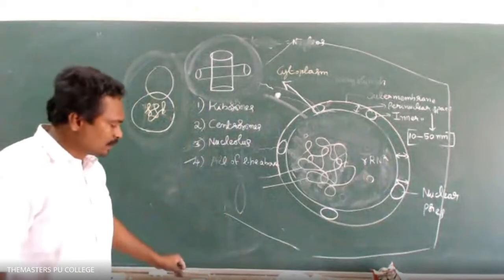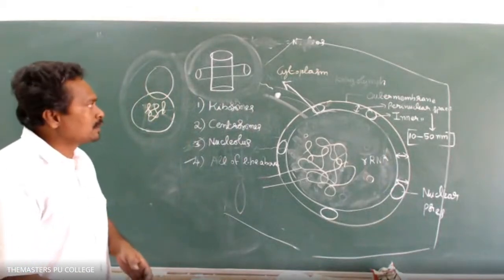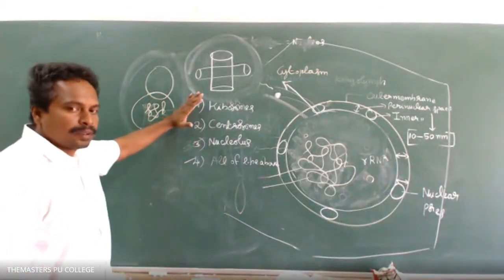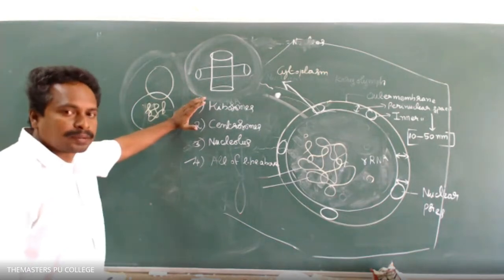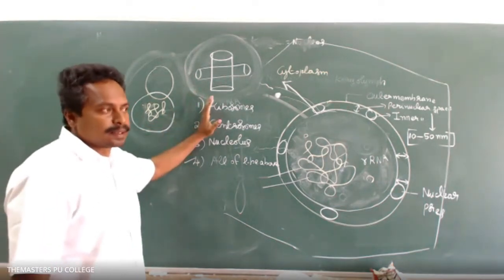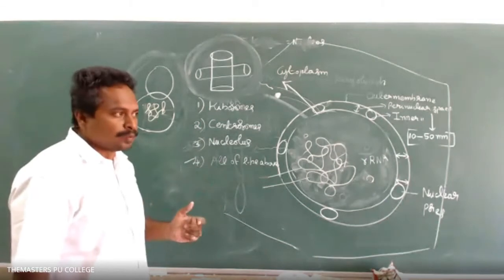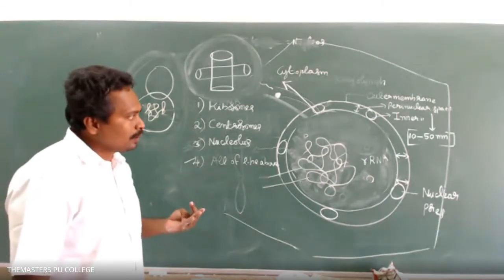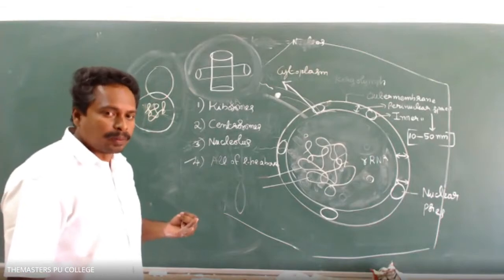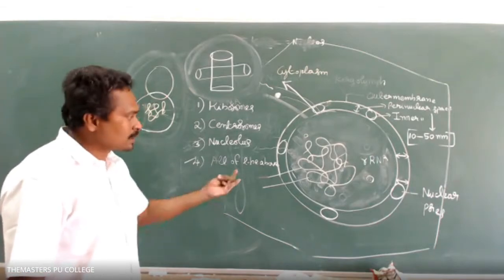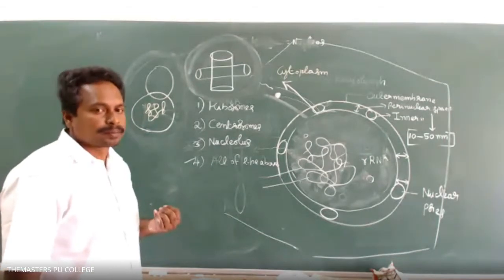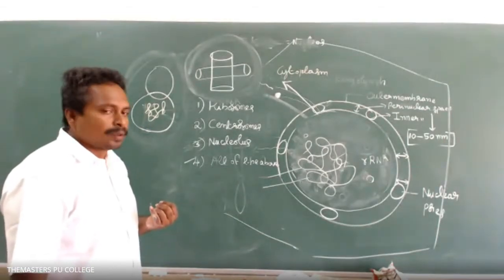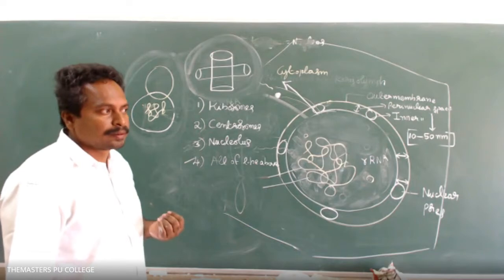All right. Is it clear regarding the nucleus? How many parts are there in the nucleus? The nucleus consists of mainly four parts: nuclear envelope, nucleoplasm, chromatin material, and nucleolus. Do you have any notes regarding this?